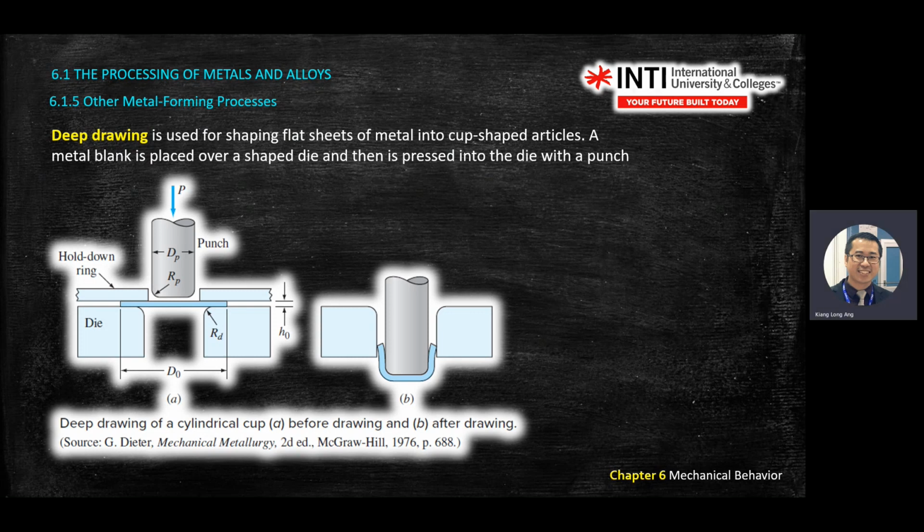You know, if you open the hard disk, there is a shape going in. So that is using the drawing process. In this case, you punch down, then you get the shape of that particular spec that you need. Deep drawing, you always start with a flat sheet, a flat slit, then you punch down to get the shape.